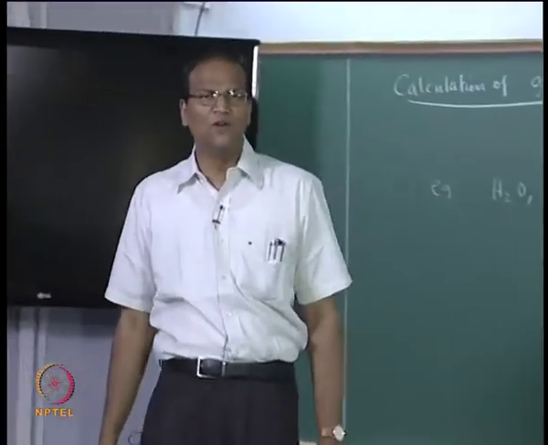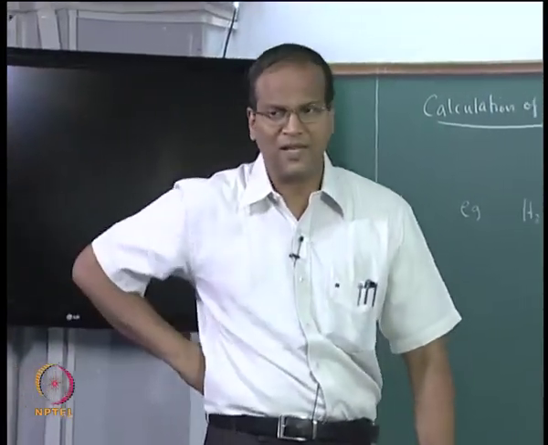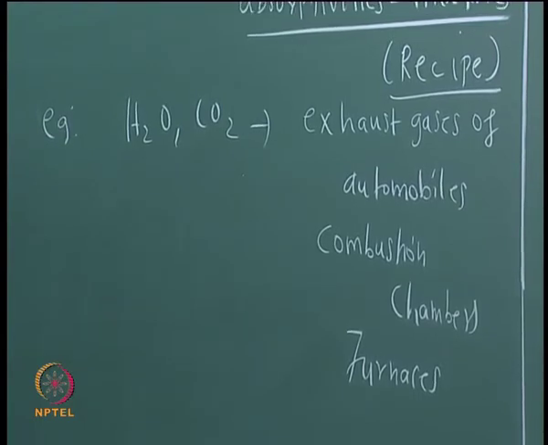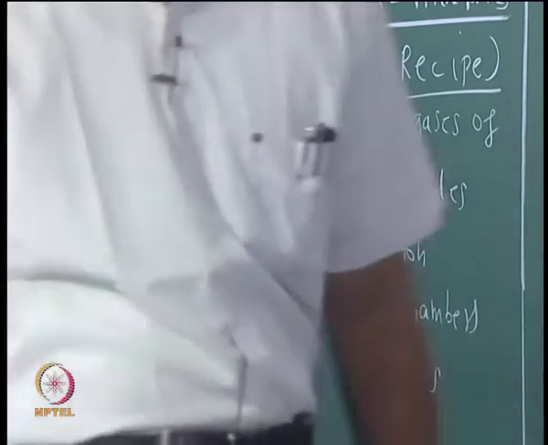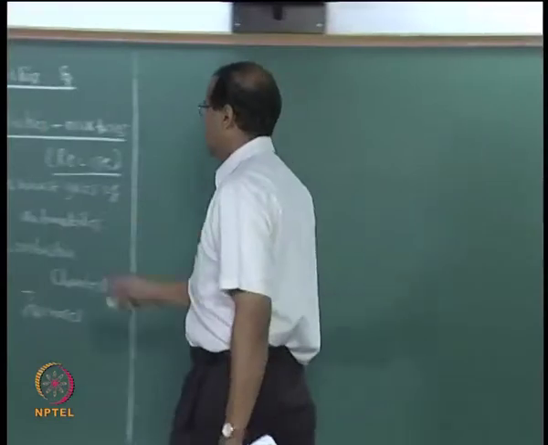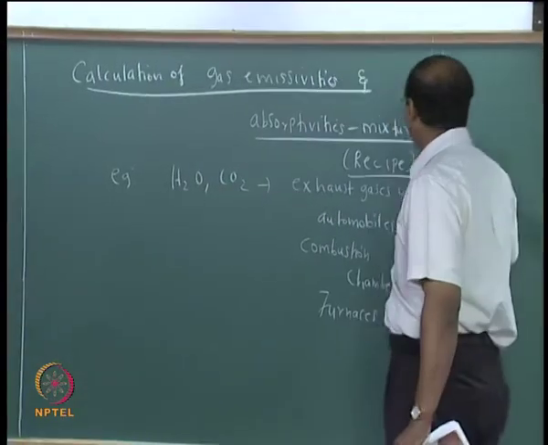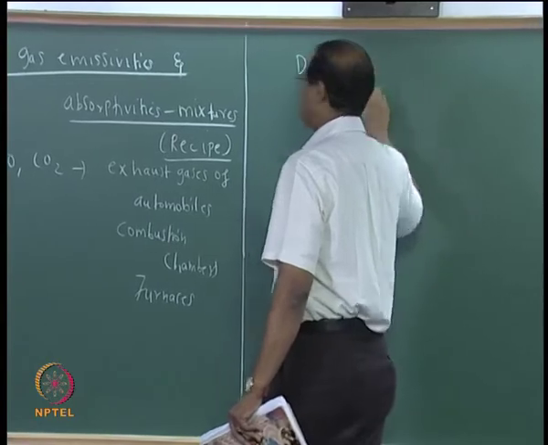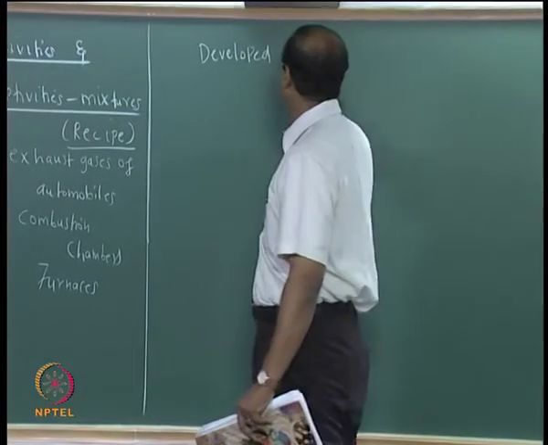So that we do minimum calculations, we do not do too much math, we use some tables or charts and arrive quickly at the absorptivities, then get on to our enclosure theory and proceed with the calculations, okay, that is the goal. So, these charts were developed by Hottel. Hottel was a chemical engineer. For the H2O and CO2 mixture the charts were developed by Hottel, and Hottel's charts I have given to you for water vapor and carbon dioxide.